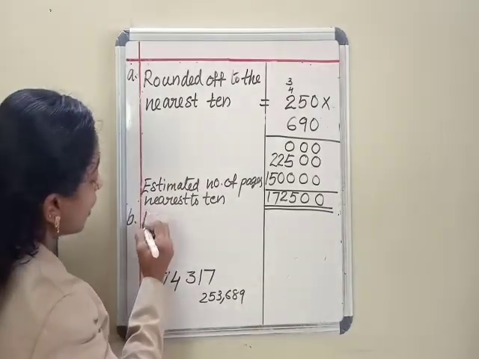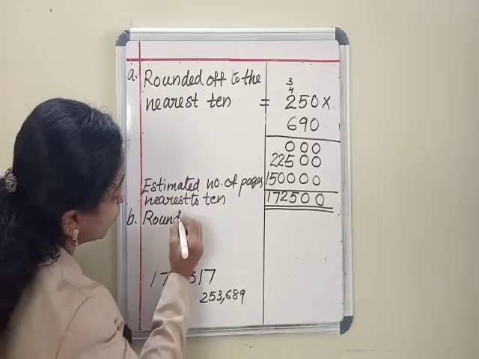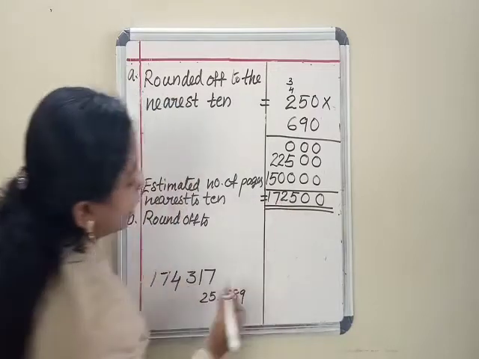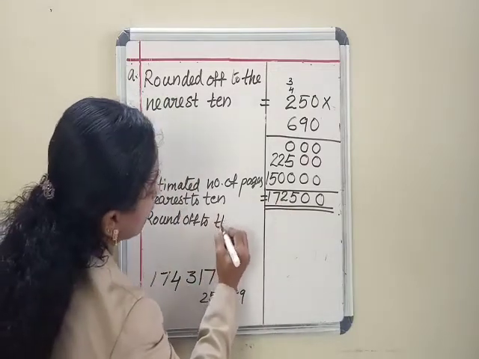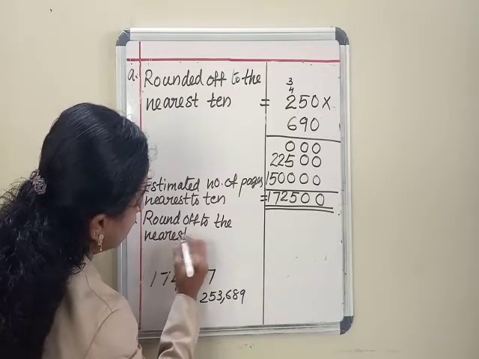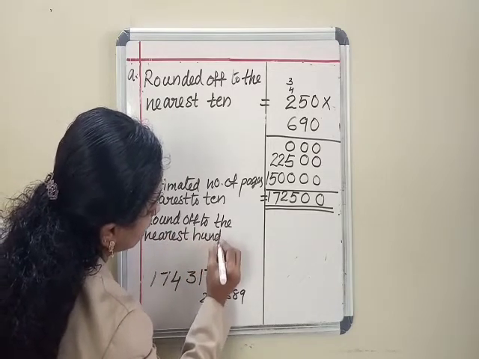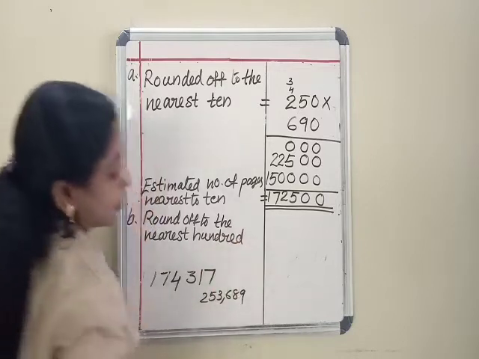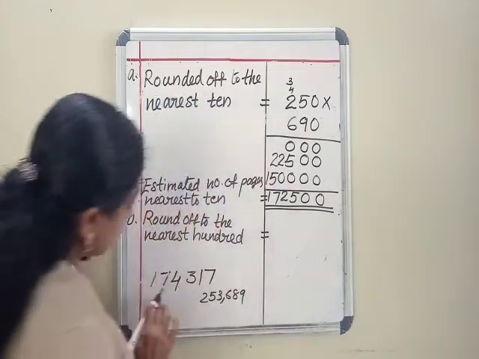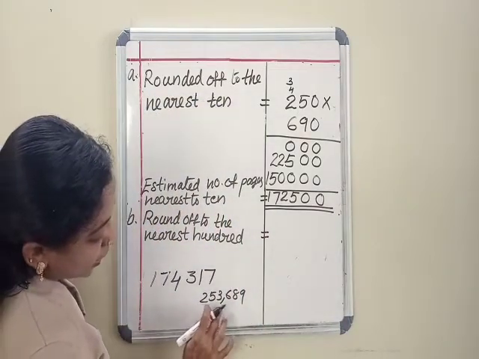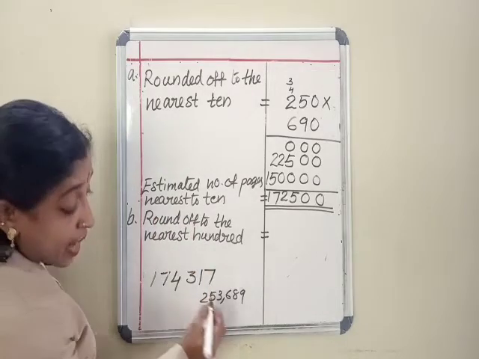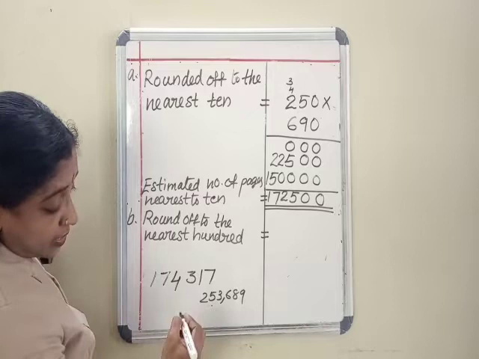Now we can write rounded off to the nearest 100. Which are the numbers? 253. When we round off to the nearest 100, we have to check the tens place number.